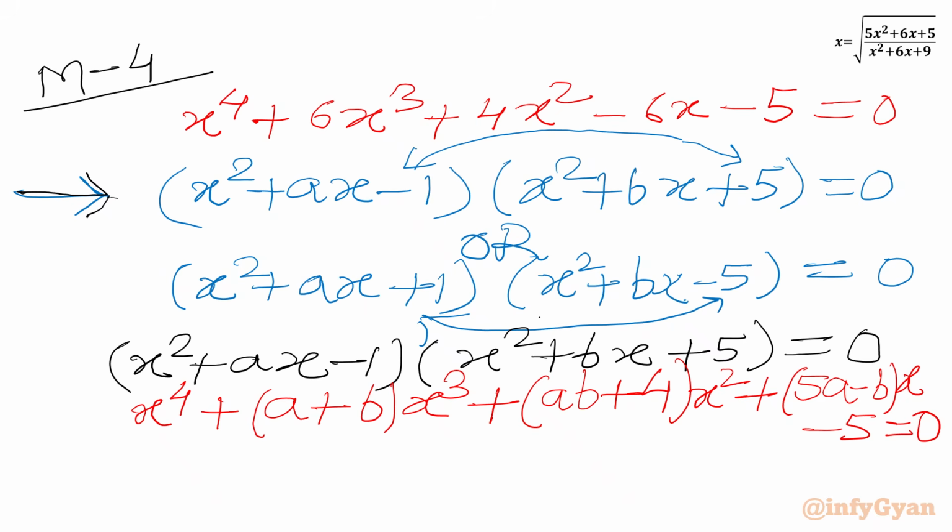Now we are going to compare coefficients from both the quartic equations. So a plus b will be equal to 6. ab plus 4 will be equal to 4. And 5a minus b will be equal to minus 6. So let me write here one system of equations.